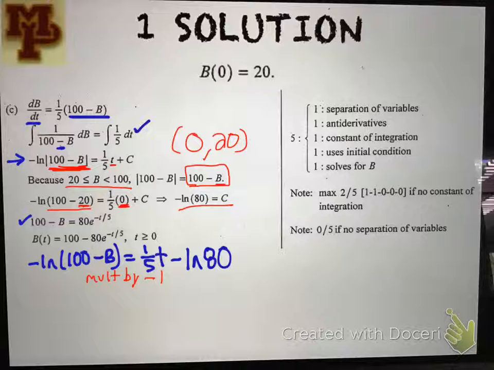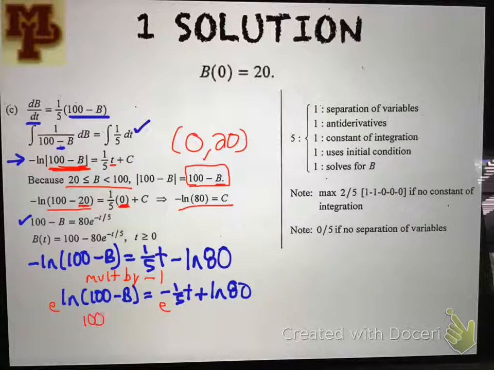So that would be natural log of 100 minus b equals -1/5 t plus natural log of 80. This is where we would exponentiate, so e raised to each side. So 100 minus b equals e, and then of course this whole left side just as it is.